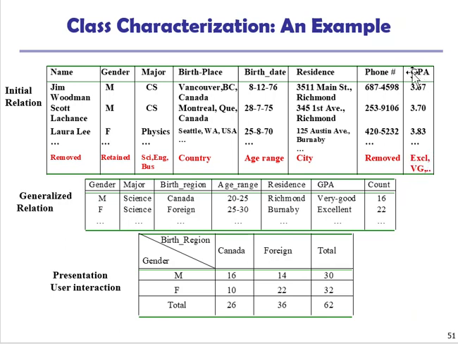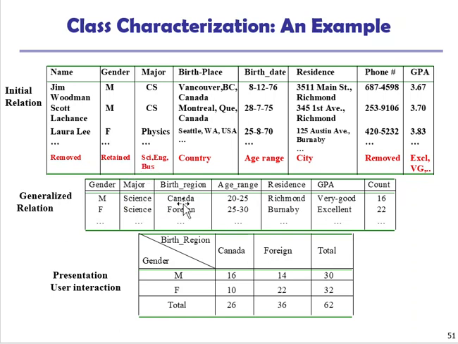And for GPA, for example, numerical values, the system might decide to discretize it into very good, excellent. So after those rules are applied, you will get a generalized relation that looks like this. After name is removed, we have two genders, we have major being moved up to a more general level.